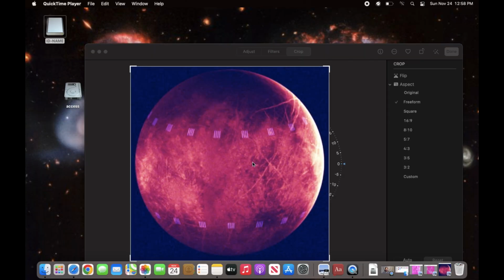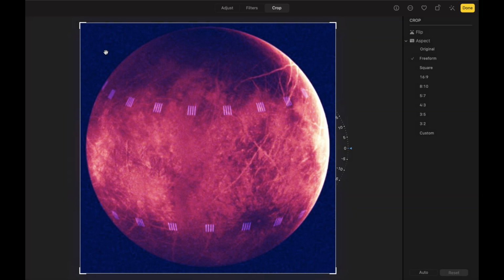Is Europa, specifically PIA 26105. And as mentioned, these linear hash marks are the grid patterns that were used by the Cassini spacecraft when it explored Enceladus of the Saturnian system, and they would denote areas of thermal vents on Enceladus.